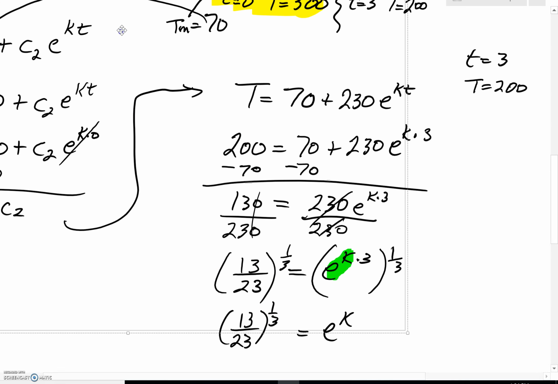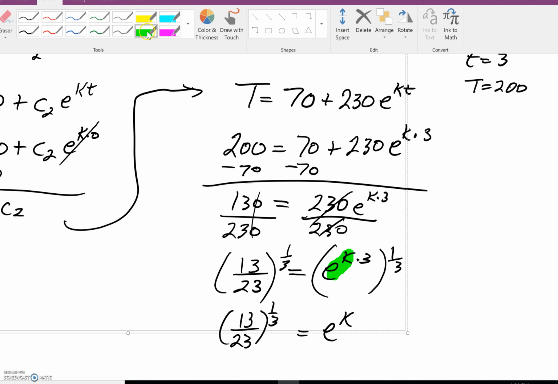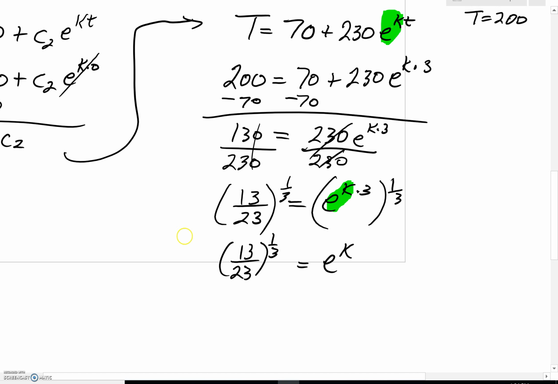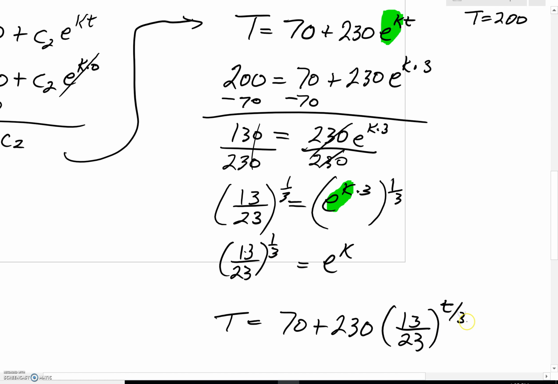And the reason why that's so helpful, guys, is because now I can come back here and say, you know what? That's what this thing is in our general equation. So I can go one step further and say, what is our equation? It's T equals 70 plus 230, but then we've got this 13 over 23, and it's raised to the 1/3 power, but then you multiply it by t, so it'd be t over 3.